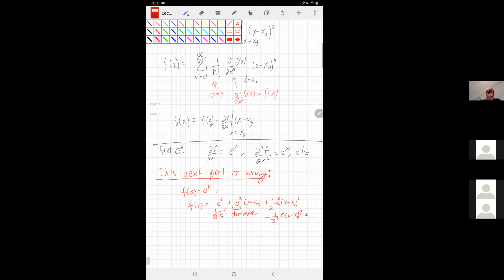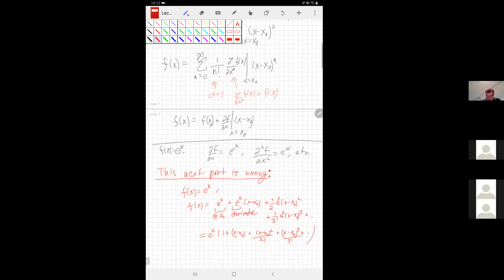And so what you would wind up getting is e to the x times 1 plus x minus x naught plus x minus x naught squared over 2 factorial plus x minus x naught cubed over 3 factorial and so forth.